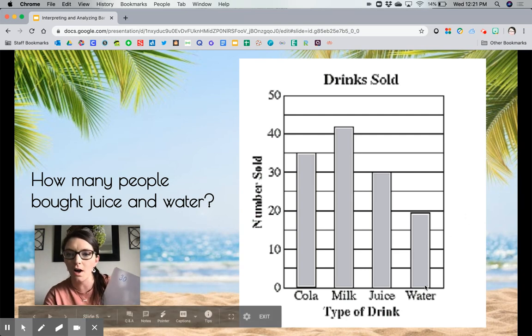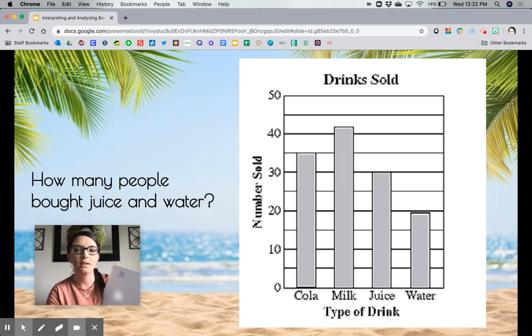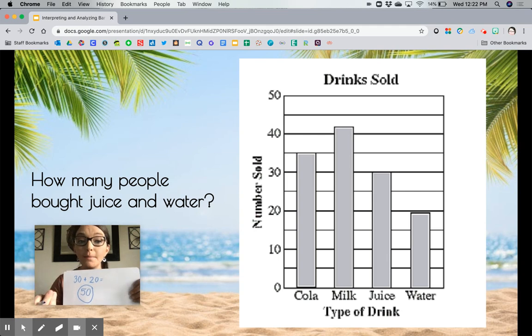Then I'm going to look at water, and it looks like water is right at the 20 mark. So I'm going to add 30 and 20 together to know that 50 people bought juice and water. I wanted to know how many bought both of those, so I'm going to add those two together.